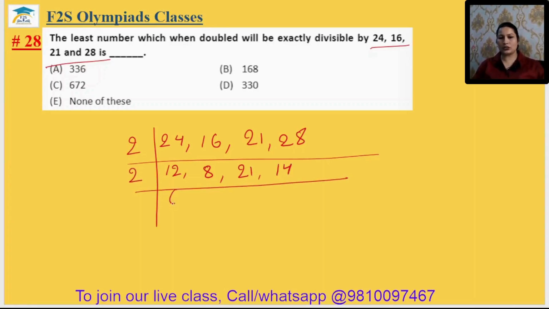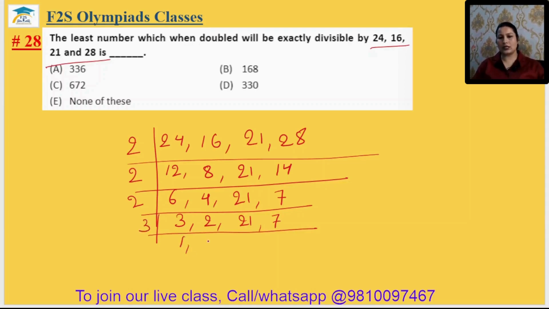Now 2, 6, 4, 21, 7. Again 2, 3, 2, 21, 7. 3, 1, 2, 7, 7. Now 7, 1, 2, 1, 1.